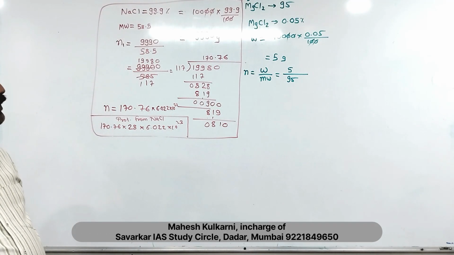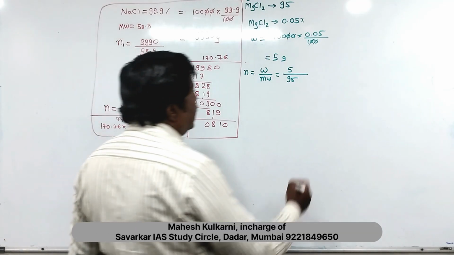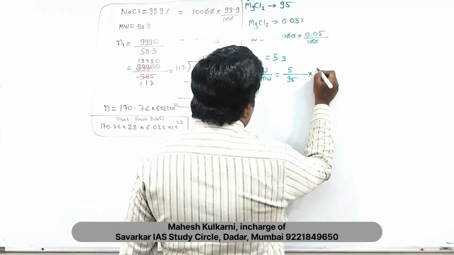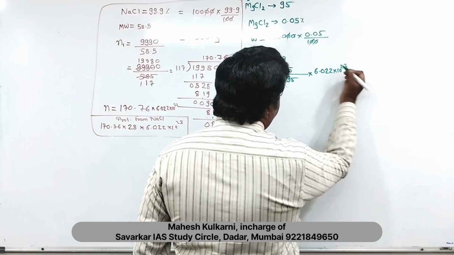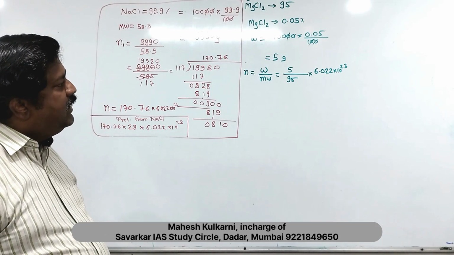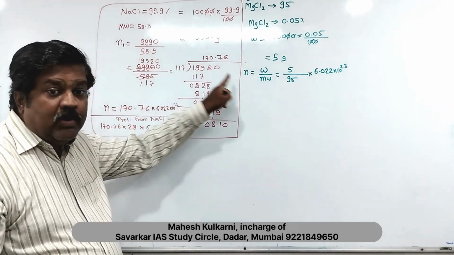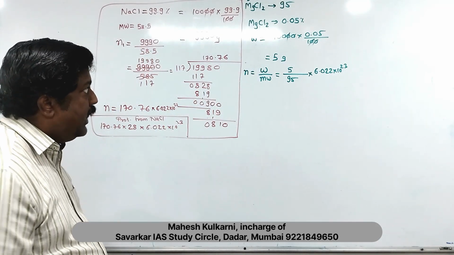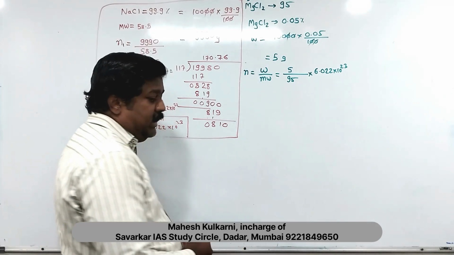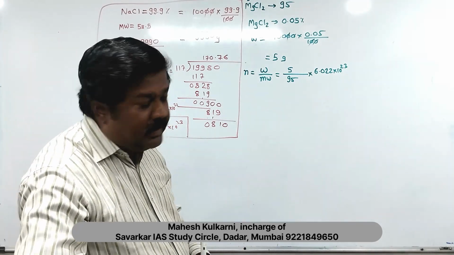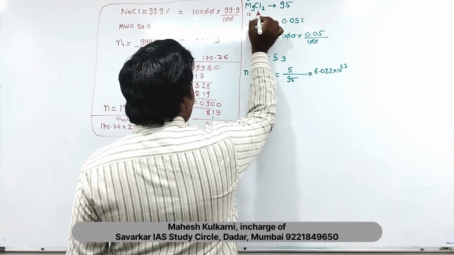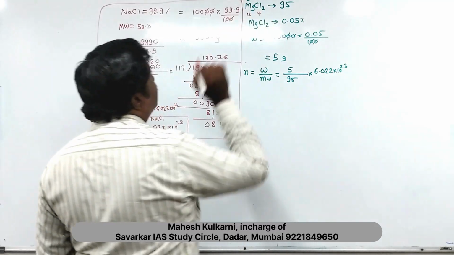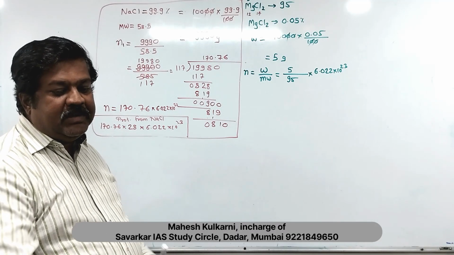So I will keep this as it is, because we multiply this by 6.022 into 10 to the power of 23. This will give me number of molecules of magnesium chloride, and how many electrons are there in magnesium chloride? Its atomic number is 12, whereas chlorine's atomic number is 17, but it is MgCl2.